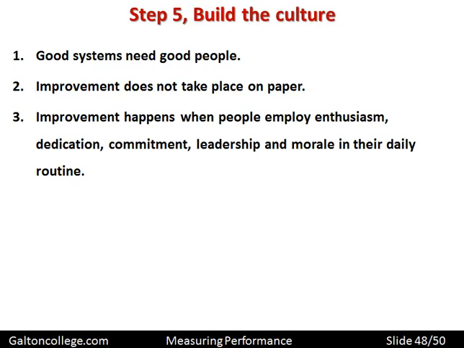Generally speaking, improvements happen when people are involved and they are enthusiastic, with dedication and commitment, and there's good morale amongst the workers. They know who the leader is, they have a clear set of objectives, they know precisely what's required of them, and they've got the right resources. Under these circumstances, improvements can happen.